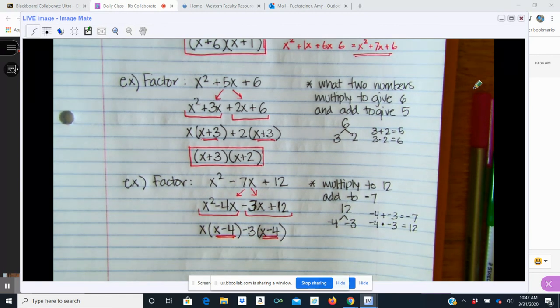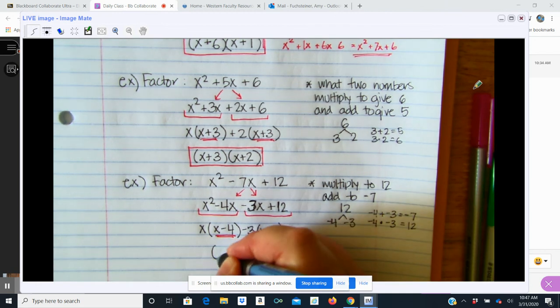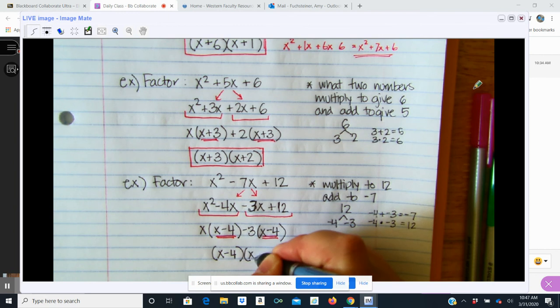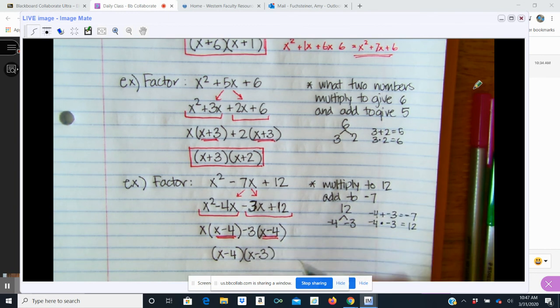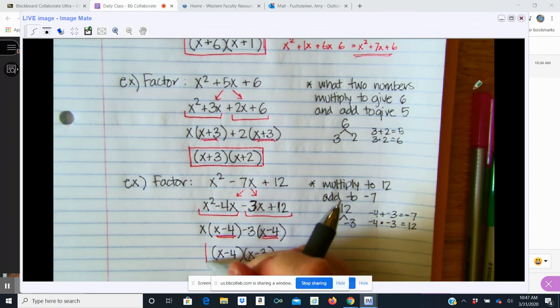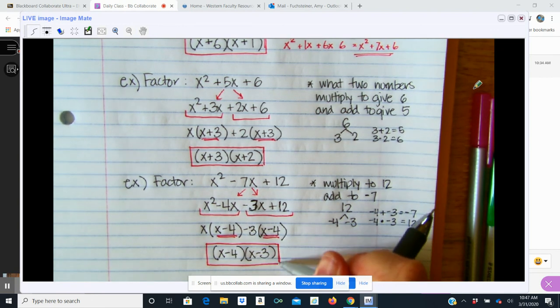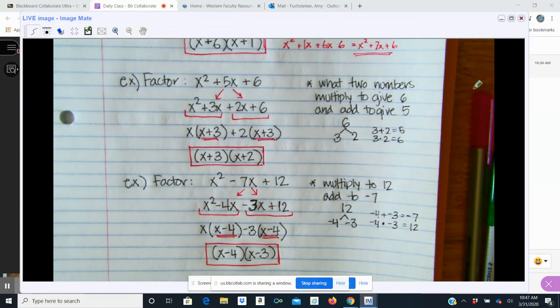X minus 4 is now in both terms. I pull that out front. And there we go. My factors are x minus 4, x minus 3.